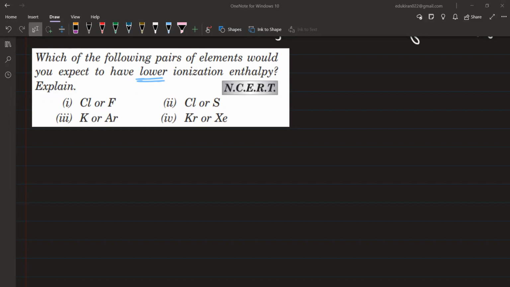First one is correct. Please think about the second. Lower ionization enthalpy, Devangi. Second and third is not right. Devangi, please rethink. Okay, Fatima. No, Fatima. Fahad, fourth does not have any option for argon.